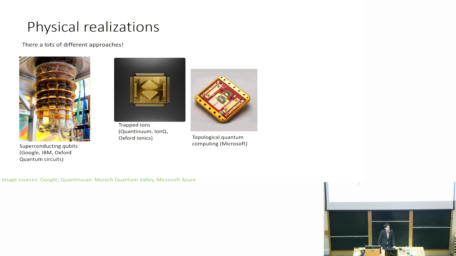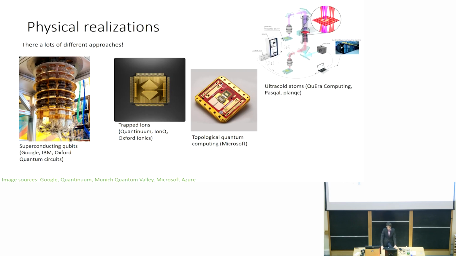There was also a recent announcement from Microsoft that you can use topological quantum computing. I do not want to state now whether these claims are correct or not, but if this were the case, this would also be quite a promising realization, which is easy to scale up.